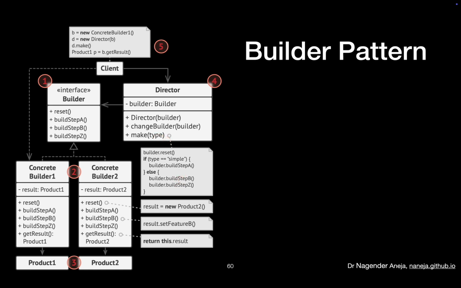You can say, okay, I want very minimal things only, a very simple house, or I want a lot of things, or I want medium or customized. So you can define these steps accordingly. This director can create the products, pick these steps, and you can pick the builder here. Okay, so you can set the feature, and then you can get this result.